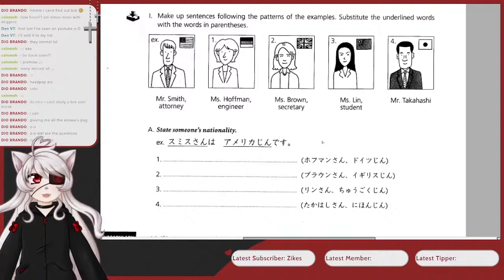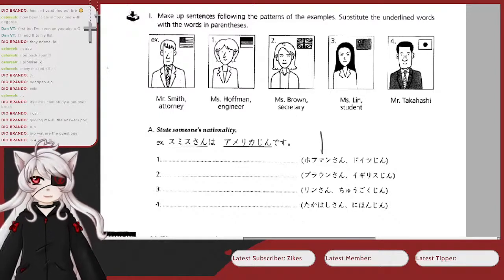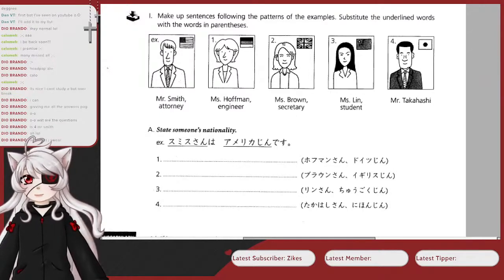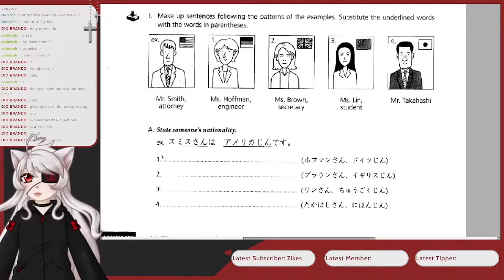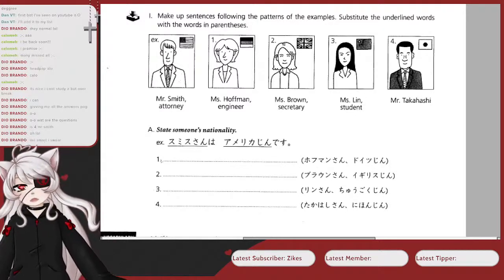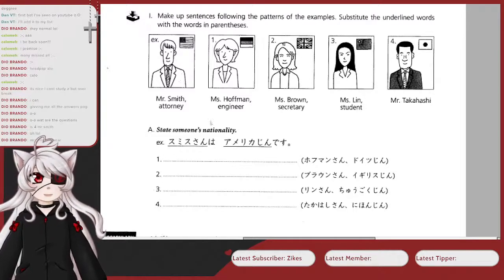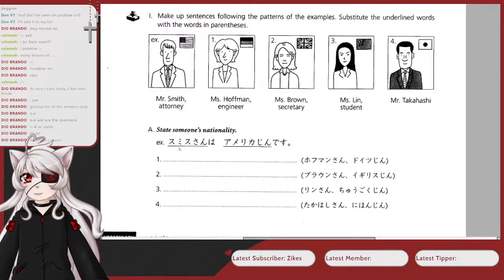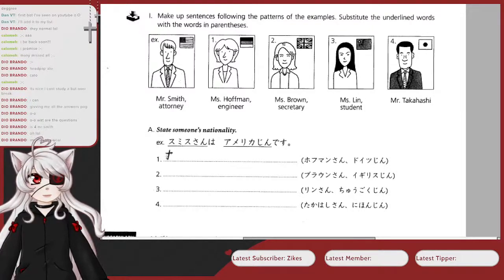So fortunately, it's actually given us the answers on this side because it's not expecting us to know them, because this is the first exercise of the book. So I know a lot of the time you're just trolling when it comes to this kind of stuff, so don't worry. So the first person is Mrs. Hoffman. So oh god.